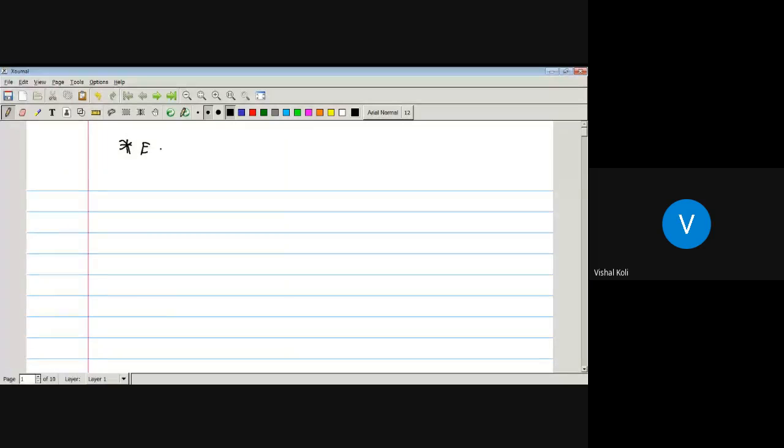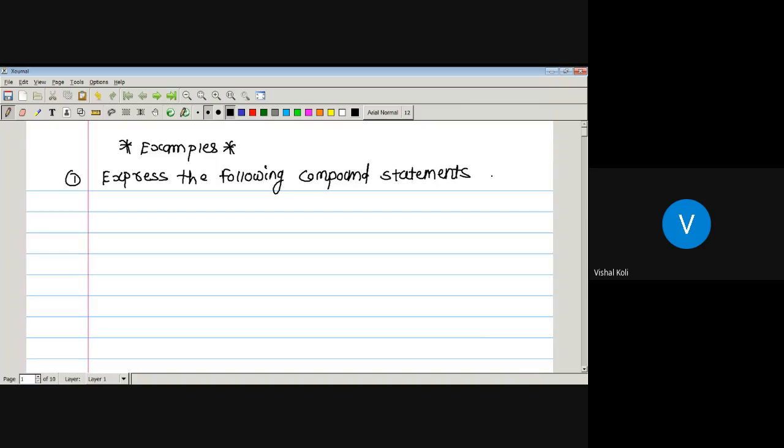Okay, examples. First one: express the following compound statements symbolically, without examining the truth values.